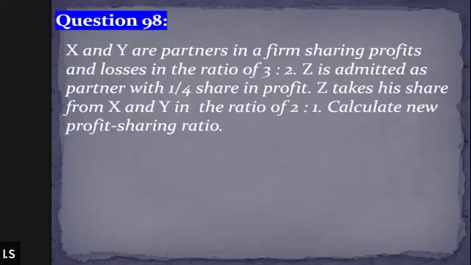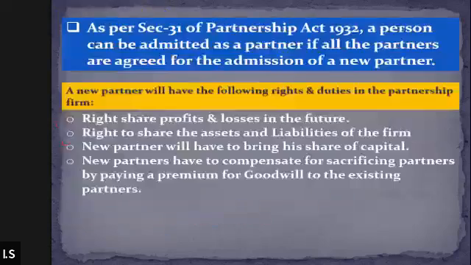Whenever a new person enters into the partnership, there are certain rights and duties that get attracted to such person. Rights such as the right to share the profit and the right to share the assets, but there are certain obligations: in order to be a partner, he will have to bear the losses as well, bear the liabilities, bring in capital, and bring some amount by way of premium for goodwill.